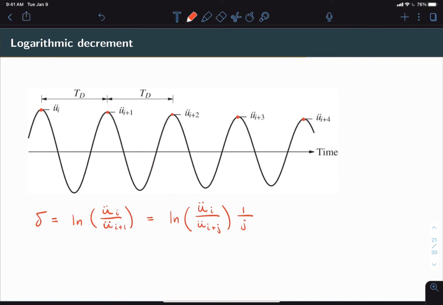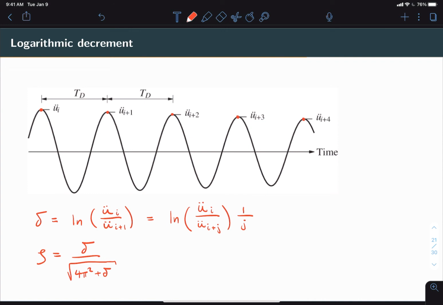So if we were to plug in the values for u double dot i and u double dot i plus 1 into this equation, we would get the following expression for zeta. It's a little too much work to go through this derivation, but if you're interested in where this comes from, you can look in the Chopra textbook to see how this is obtained.